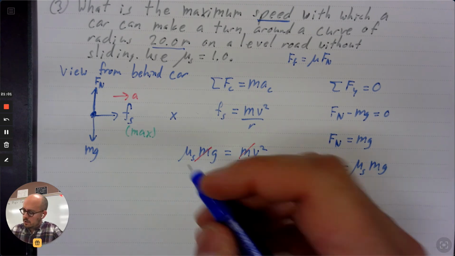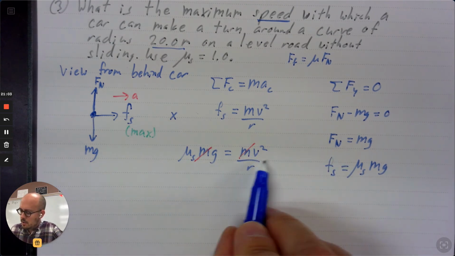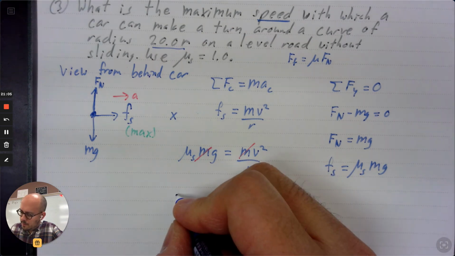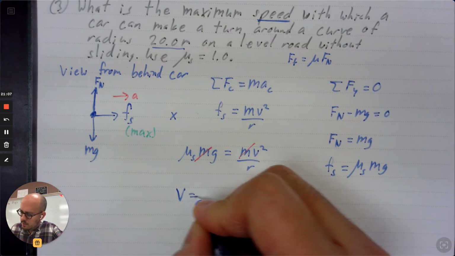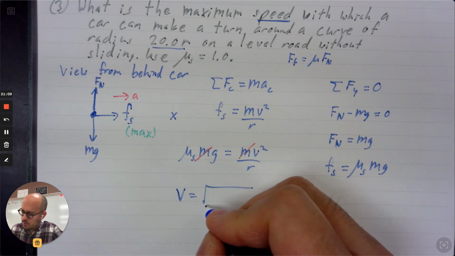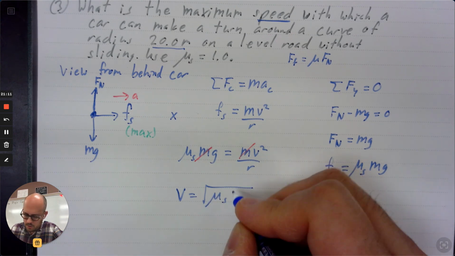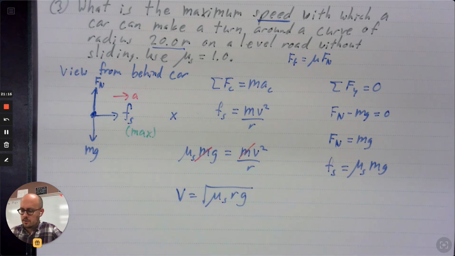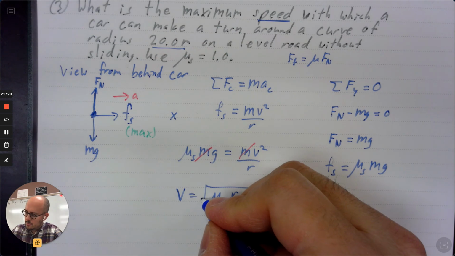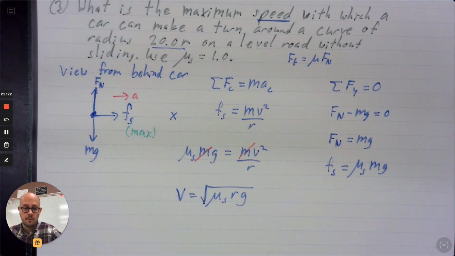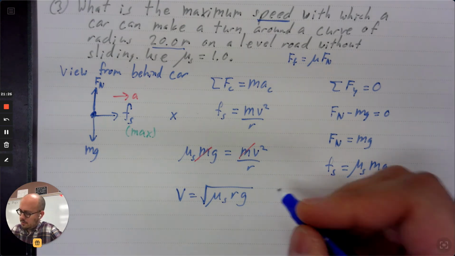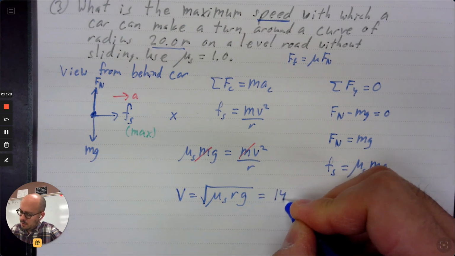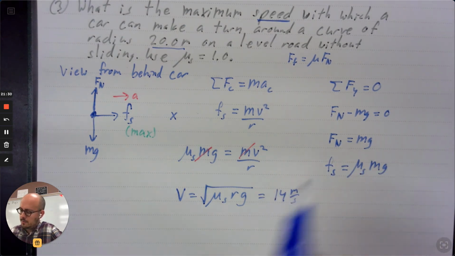So we have this expression, mu g equals v squared over r, and this speed is going to be equal to the square root of mu times r times g. It should look very similar to the last expression from the skateboarder problem, except now we have mu involved in there. So, your answer, if you plug in the numbers, ends up being 14 meters per second.